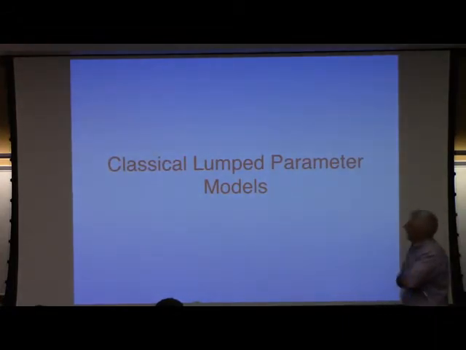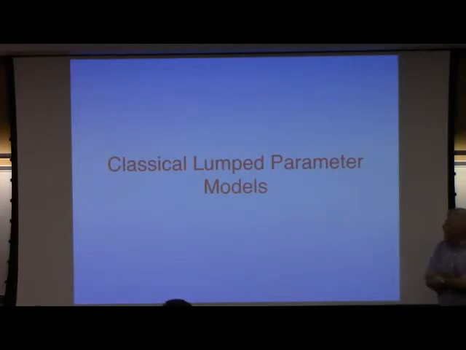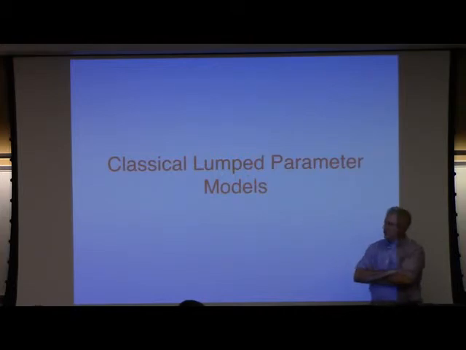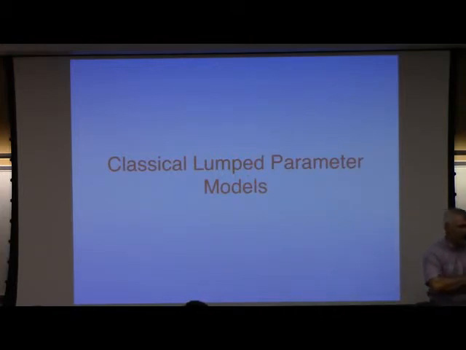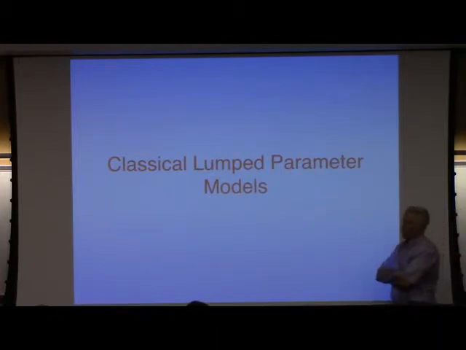This is excellent. Okay, classical lump parameter models. So what's this all about? So these, I think, if you think about, it's fairly early on that physiologists could take out, say, a frog muscle, much like you're probably going to do in your lab.